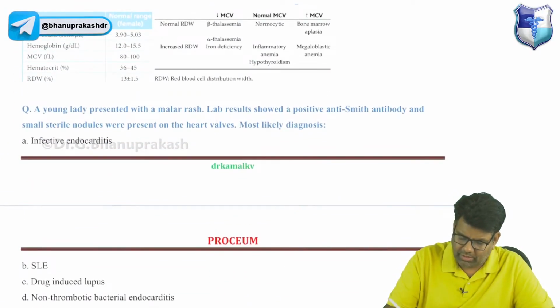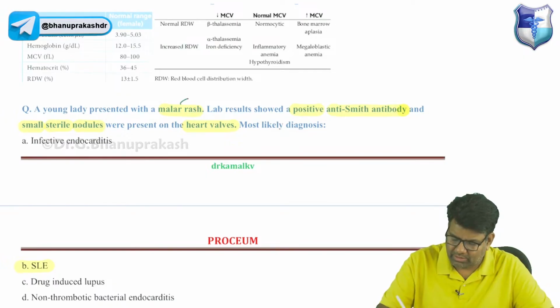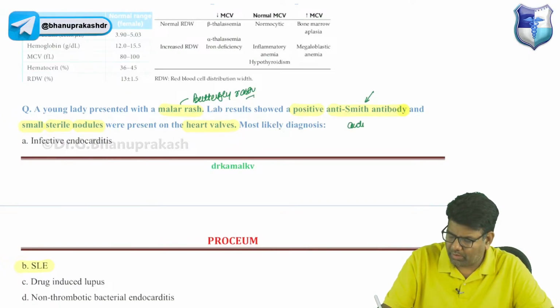Now, next question. A lady has a malar rash, is positive for anti-Smith antibody, and there are small sterile nodules over the heart wall. What is the condition? SLE, because you can see here this is the butterfly rash, the anti-Smith antibody.